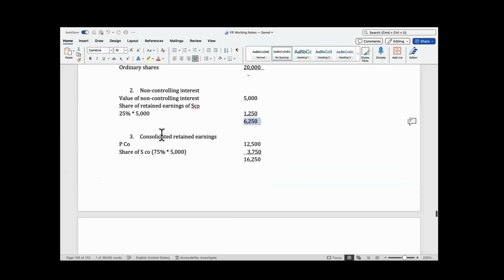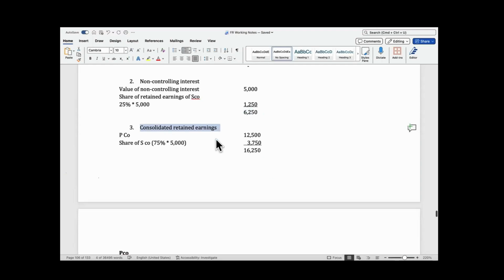And finally, the retained earnings. I'm doing workings here because since NCI has now taken a portion of his own, I need to give the balance to the parent. I don't want to show those workings on the face of my account, so that's why it's coming up here.